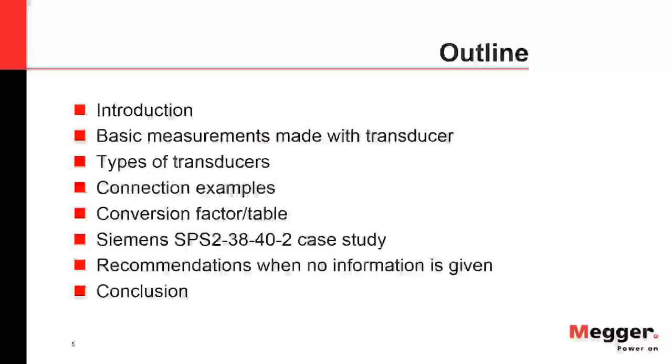And then I'll go through a case study I did on a Siemens SDS2 breaker where I hooked multiple transducers to different parts to see if I could replicate what I'm getting if I use the right conversion table. And then I'll have some recommendations for what to do when no information is given. And then we'll go through some concluding remarks, and then, of course, your question and answers after that.